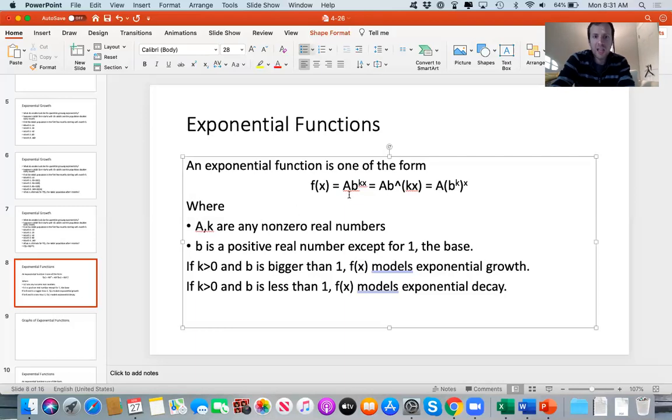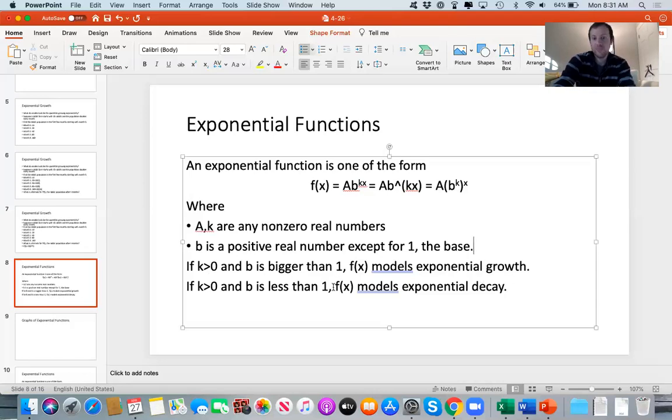So in this case, a and k can be anything. B is always positive, but it isn't 1, and that's called the base. If k is positive and your b is greater than 1, then your function is going to be growing exponentially.